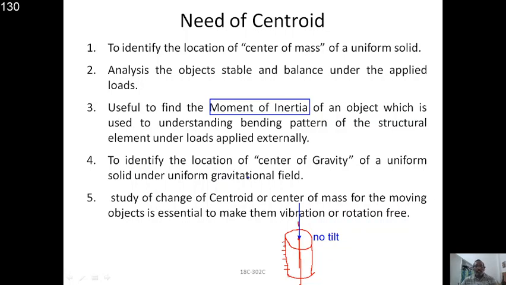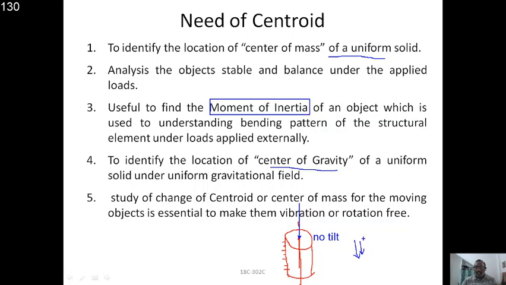The fourth advantage is to identify the location of the center of gravity of a uniform solid under a uniform gravitational field. It is the same thing we said in point 1, but where we talked about the center of mass, now we are talking about the center of gravity. It is a uniform solid also, but in addition, the acceleration due to gravity should be uniform.